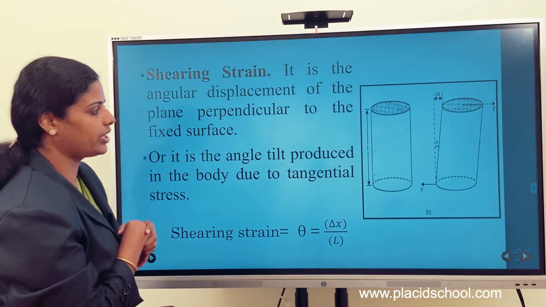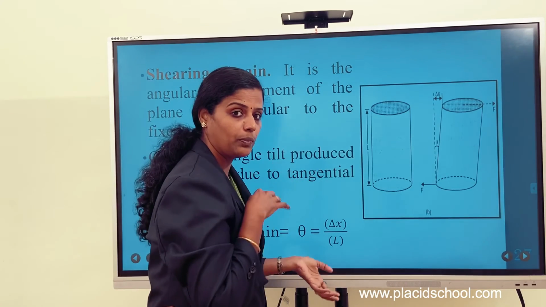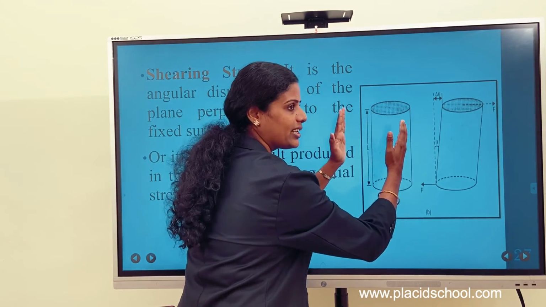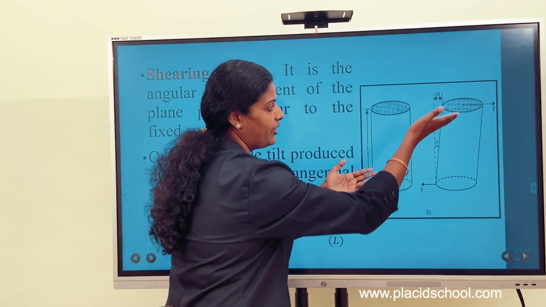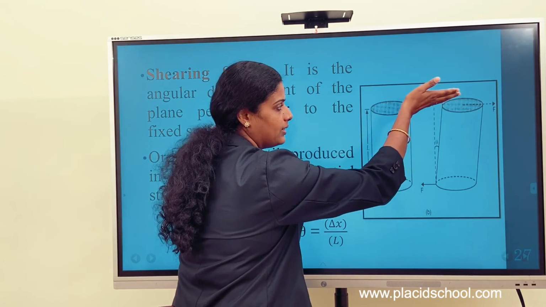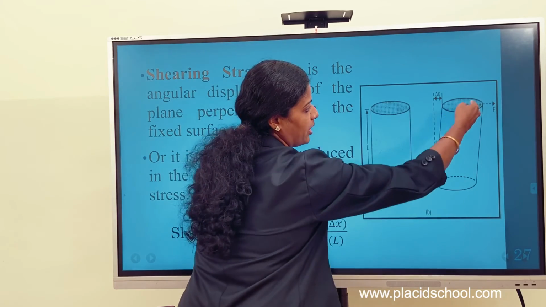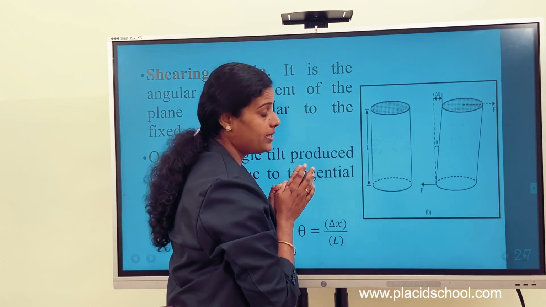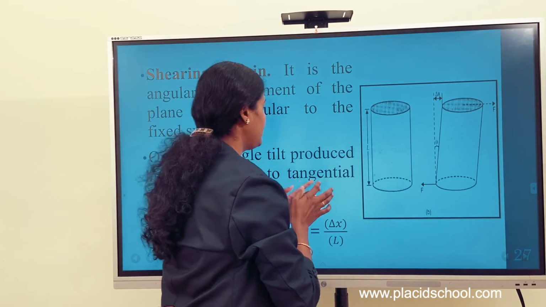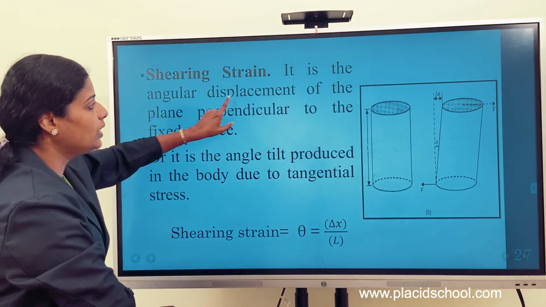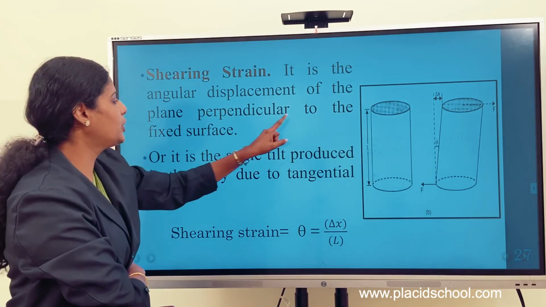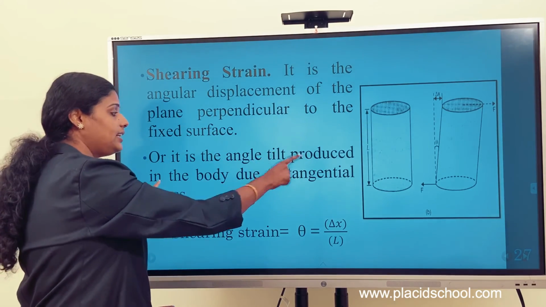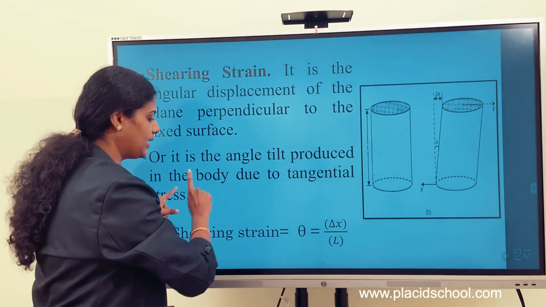And about shearing strain, we know about shearing stress. If you are applying a shearing stress, that means you are giving the force in this direction and this direction, so a tilt in the angle takes place. The shearing strain is defined as the angular displacement of the plane perpendicular to the surface, or the angle tilt produced in the body due to that stress.